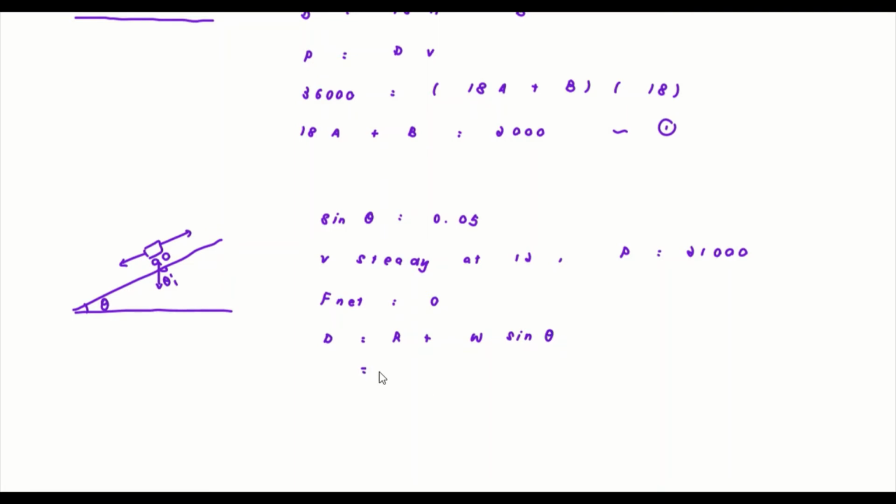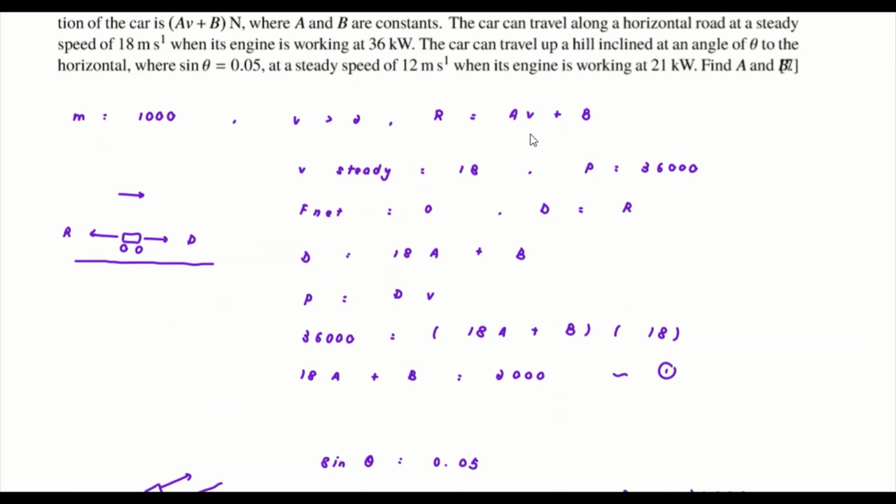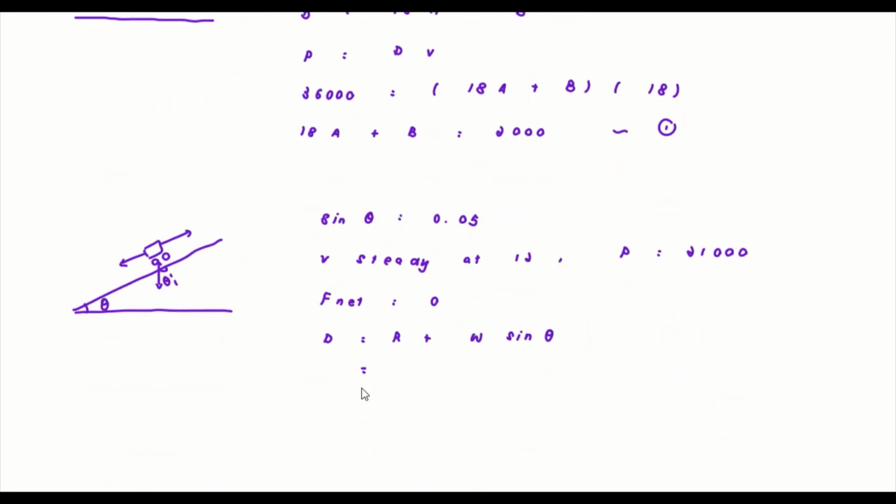The resistance is AV plus B, and our V here is 12, so it's 12A plus B. The weight is 10,000, and sine theta is 0.05. Simplifying this, D will be equal to 12A plus B plus 500.